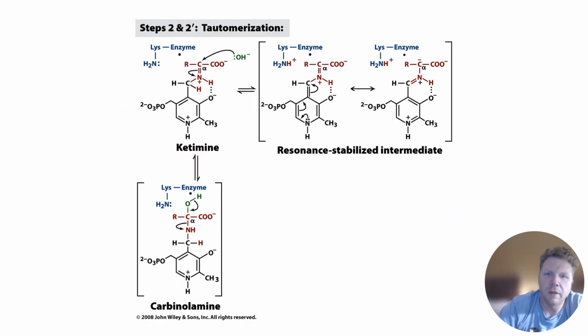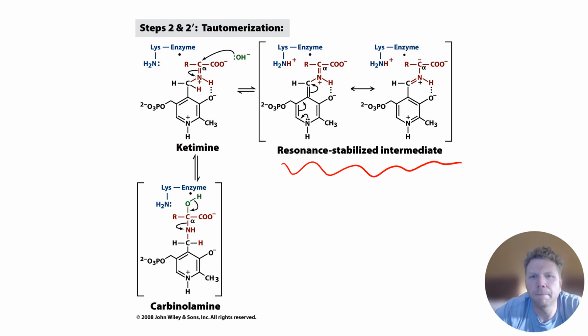That resonance stabilized intermediate is redrawn right here. What's going to happen is we have this ketamine intermediate where we're going to use a hydroxide ion as a base. That is going to rearrange some of the atoms in our ketamine intermediate to form a carbanolamine. So this hydroxide pushes the electrons to our alpha carbon.